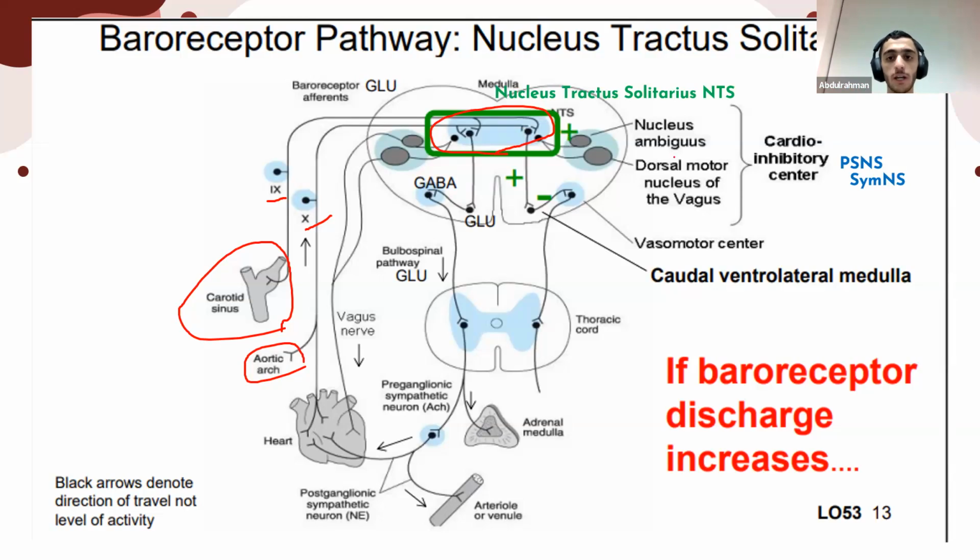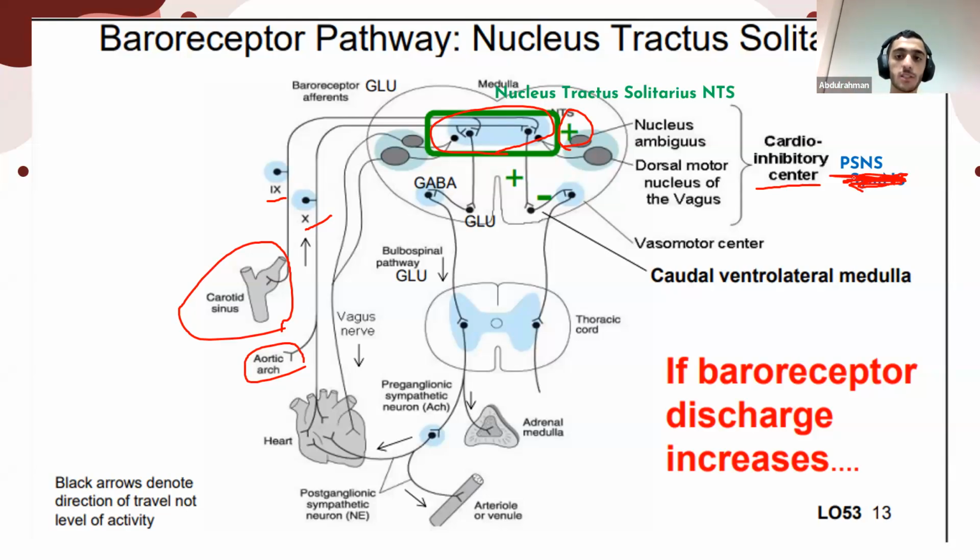So the first thing it does is that it will plus, or activate, the cardioinhibitory center, which is the parasympathetic nervous system. The parasympathetic inhibits the heart rate and the contractility, so it does make sense to be called the cardioinhibitory center.